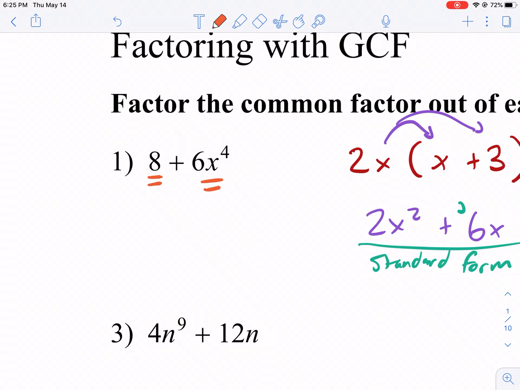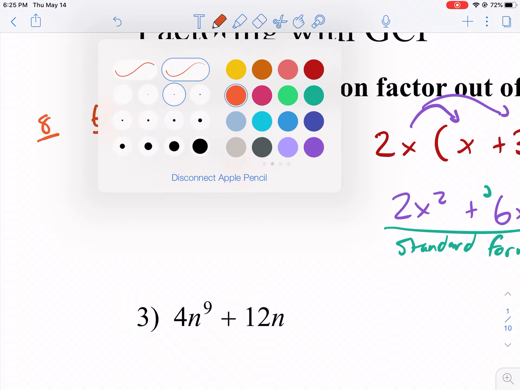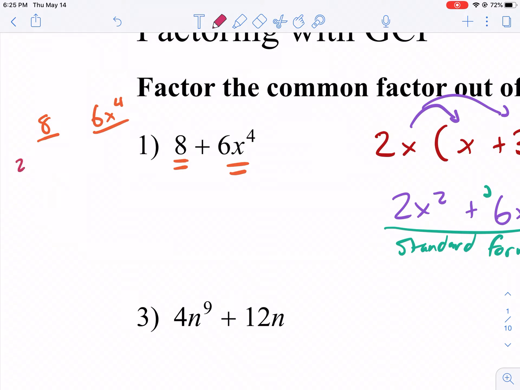Okay, so now we think to ourselves, what do 8 and 6x to the fourth have in common with each other? Well, if we think of some factors of 8, we know that there's 2, 4, and 8. We don't usually include 1 because if you factor out a 1, it doesn't change anything. Now what about 6x to the fourth?